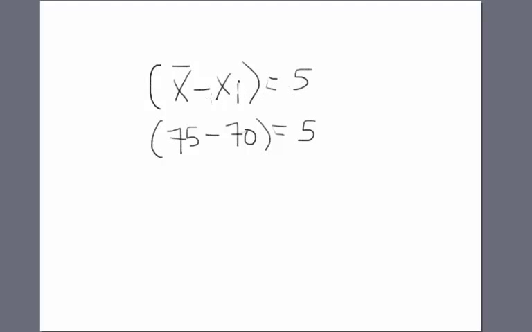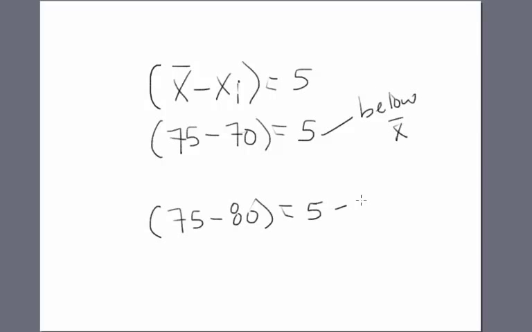So the sample mean of 75 minus 70 would equal 5, and that would tell you how far this score is away from the mean. Or let's say you had a score of 80, and again that would be 5 points away. But notice that this score is below the mean and this score is above the mean.